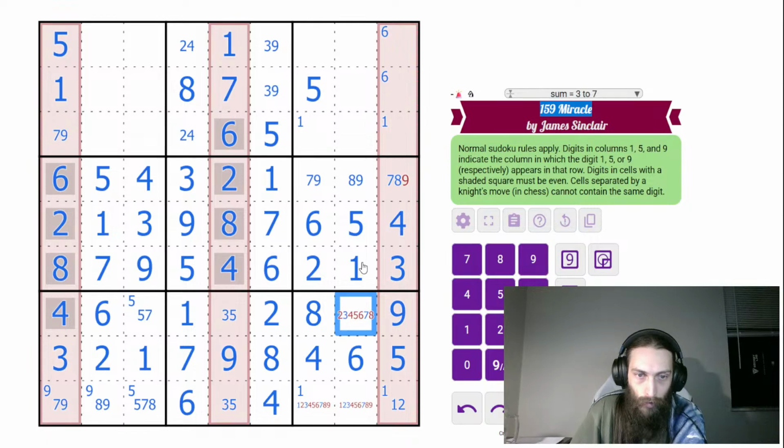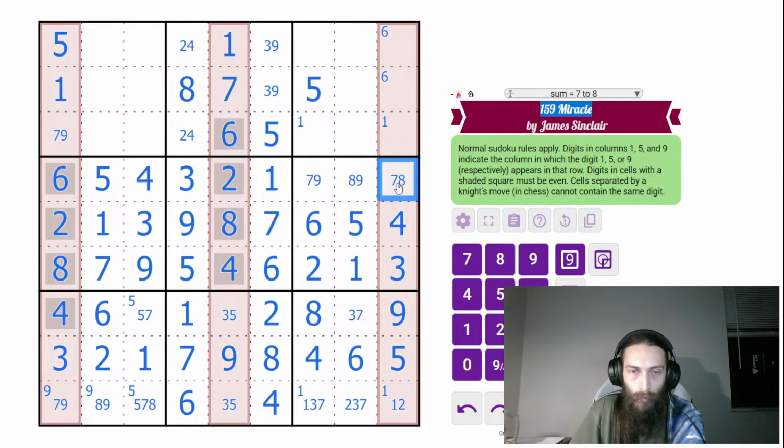This one sees 1, 2, 4, 5, 6, and 8. And this one sees 2, 4, 5, and 6, 8 and 9, and 4, 6, 5, 8, 9, and the 1 above it. That's no longer a 9.